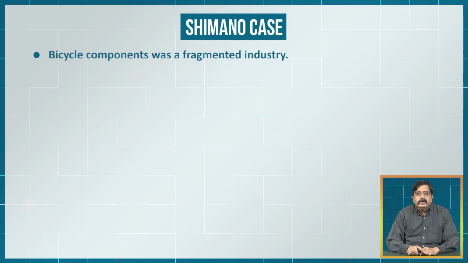Shimano is another case where this combination of integral and modular architecture can be used to revolutionize an industry. The bicycle component industry was actually a fragmented industry. Different companies would make different components and they would expect that users would buy different components based on the quality of those components and combine them into their bicycle's gear system.